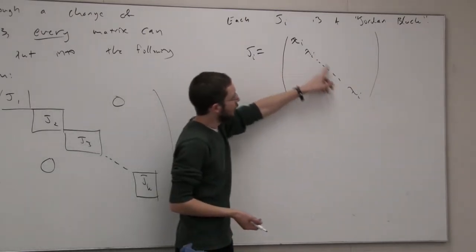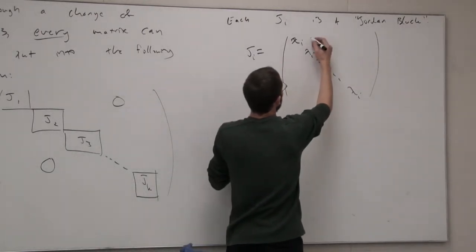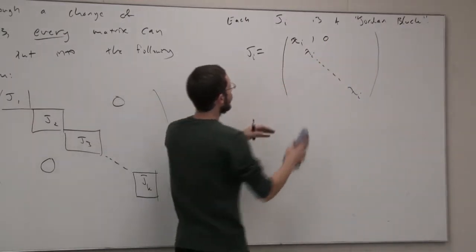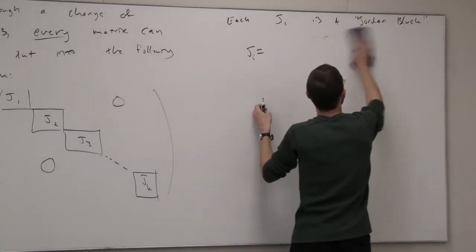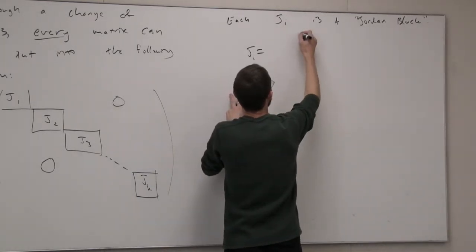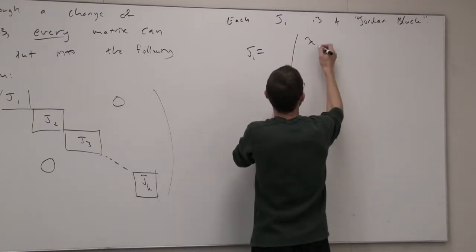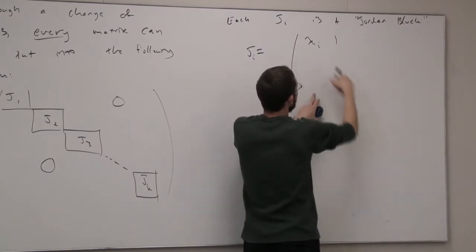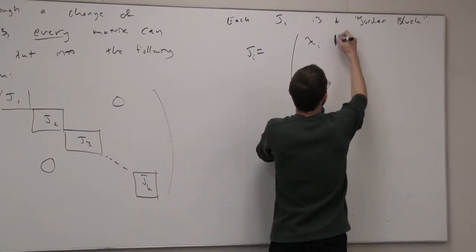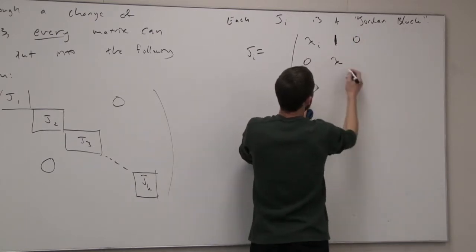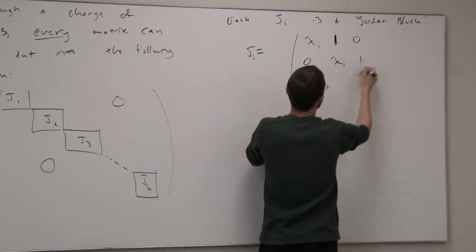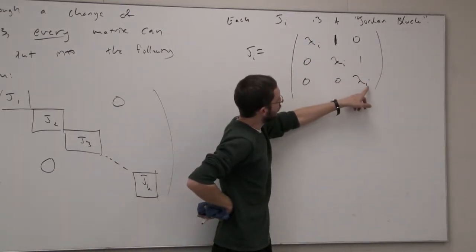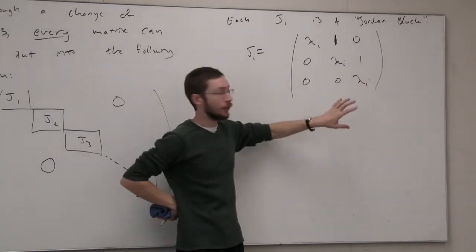And above these lambda i's, you're going to have ones. Instead of doing an arbitrary size, let me just do a 3 by 3, so that you can see a little more clearly without those ellipses in there. So you'll have these eigenvalues running down the diagonal, and then above those lambdas, you'll have ones, and the rest are zeros.